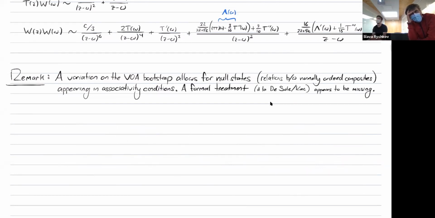So I also have a question, kind of an elementary one. I realized I don't understand one basic thing. Can you explain to me, in this VOA setting, if you have three fields of dimensions h1, h2, and h3, suppose I fix h1, h2, then can h3 be arbitrary, or is there some relation on h3? You're saying to have a 3-point function?